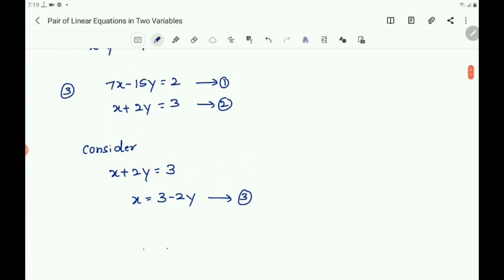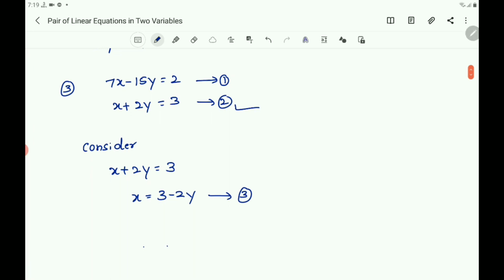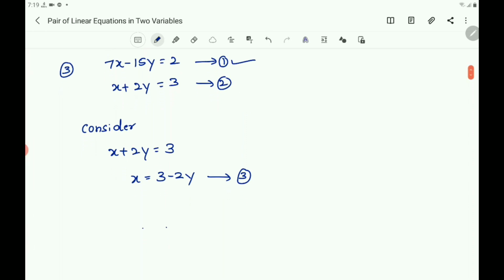Now in the next step what you have to do? Take the other equation which is not taken for the first step. Here we have taken the second equation. Therefore now you take the first equation.